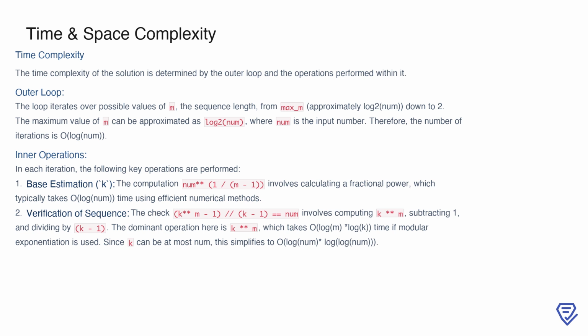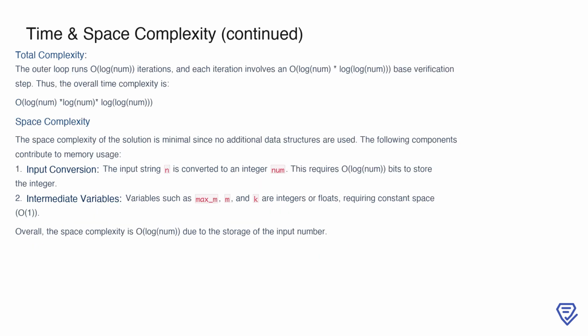Combined, these operations contribute to the overall complexity of each iteration. When we assess the total time complexity, the outer loop's O(log number) iterations and the inner operations' O(log number * log number) complexity combine. This results in an overall time complexity of O(log number * log number * log number).